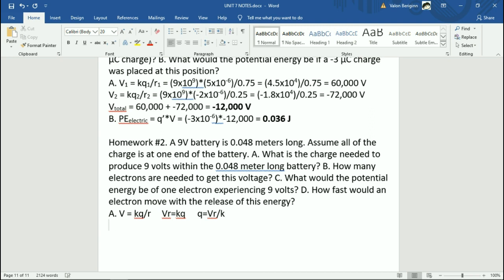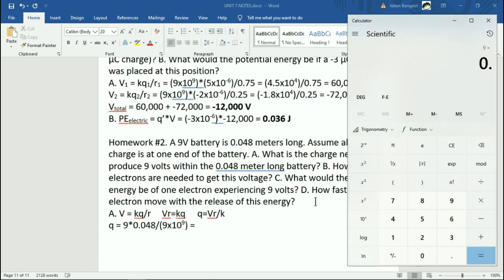So if you do this, you have Q equals the voltage, which was 9, yep, 9 times the radius of 0.048 divided by the constant. So 9 times 0.048, 0.432.